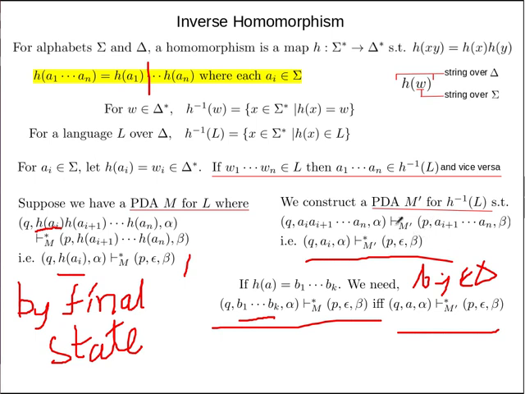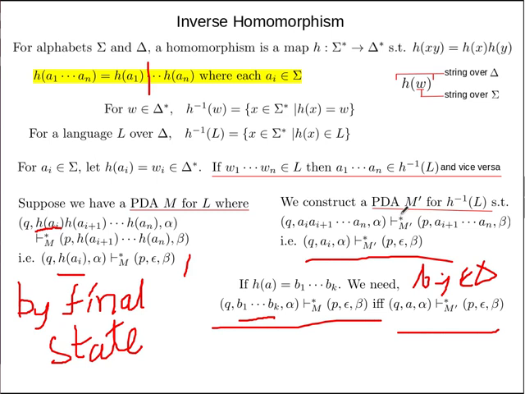So this is our motivation for defining m prime. We should define m prime so that it satisfies this criteria, and if it satisfies this criteria, then we know that m prime is a PDA for h prime L. Okay, so is that clear?